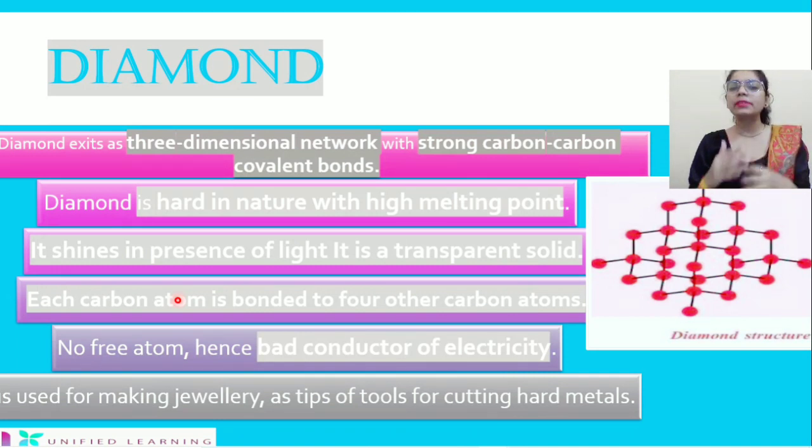Each carbon atom is bonded to 4 other carbon atoms, as is clearly visible in the structure, that 4 atoms के साथ कार्बन joint है, ठीक है. It shines in the presence of light. It is a transparent solid. It is a bad conductor of electricity because there are no free electrons. As you can see the uses here as well.